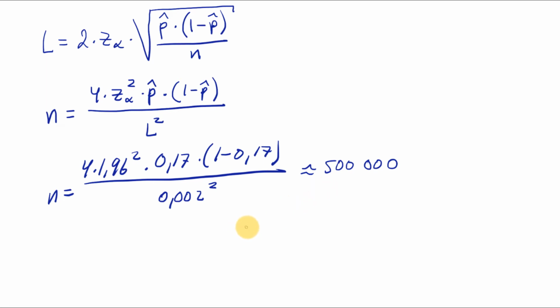So if you want a width as small as 0.2%, then you must have a large sample. For example, for the Norwegian population, this would be 10% of the whole Norwegian population. So this is probably an unrealistically large sample size. If you are instead satisfied with a width of 1%, then you instead have to ask 22,000 people, which is more realistic.